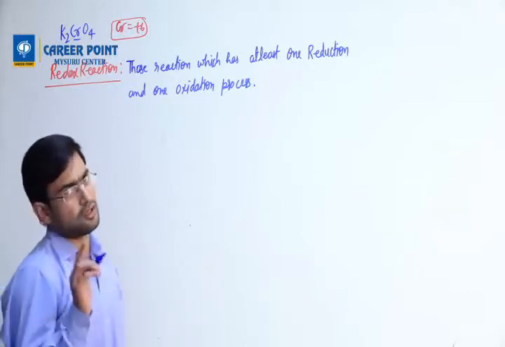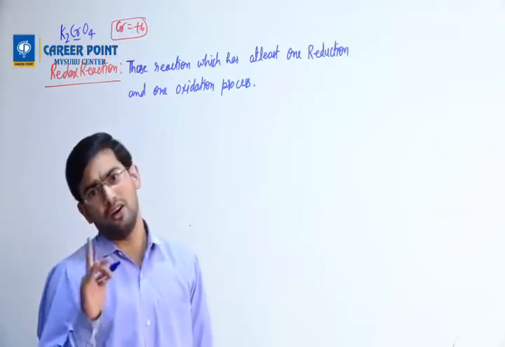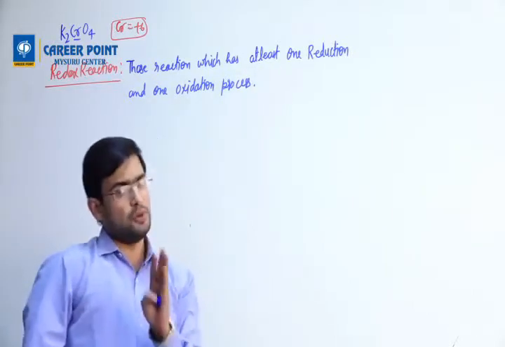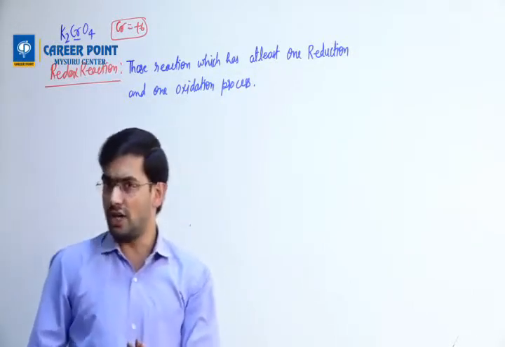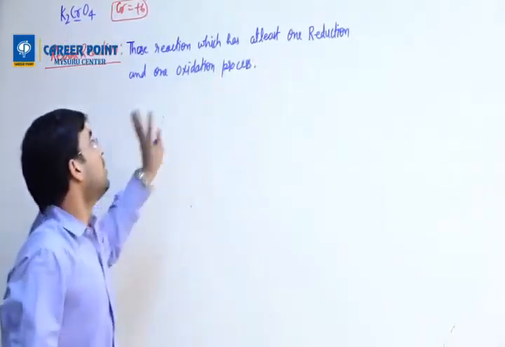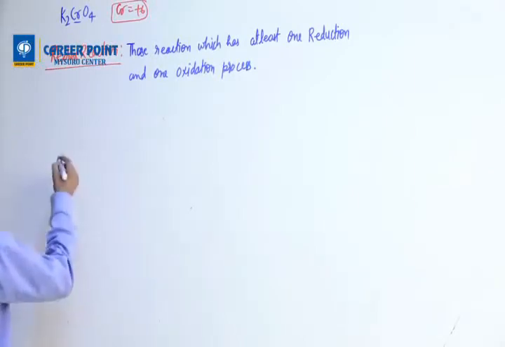I am using the words one reduction and one oxidation, and I am also using the words at least. Minimum it should be one reduction and one oxidation. If you have more than one, it's okay, but you should have one reduction and one oxidation. Okay. So the example is this.